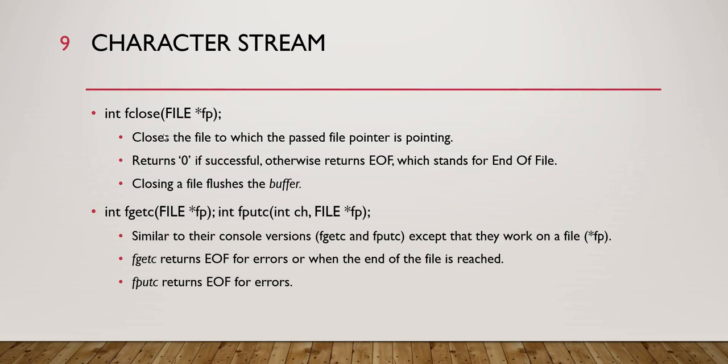It returns 0 if closing the file is successful, otherwise it returns EOF, which stands for end of file, and usually this is just the integer -1. In both cases it is returning an integer, which is why the return type of this function is int. It also flushes the buffer before closing the file.